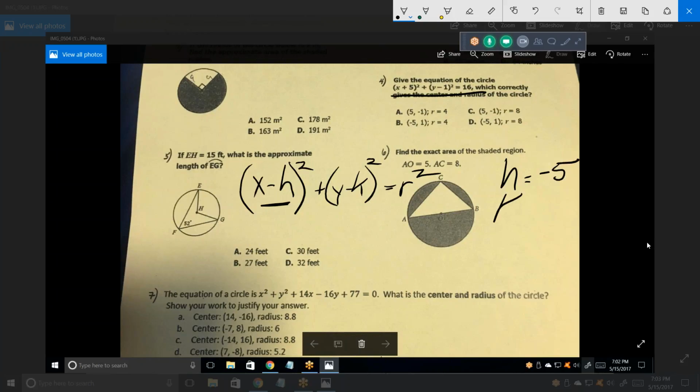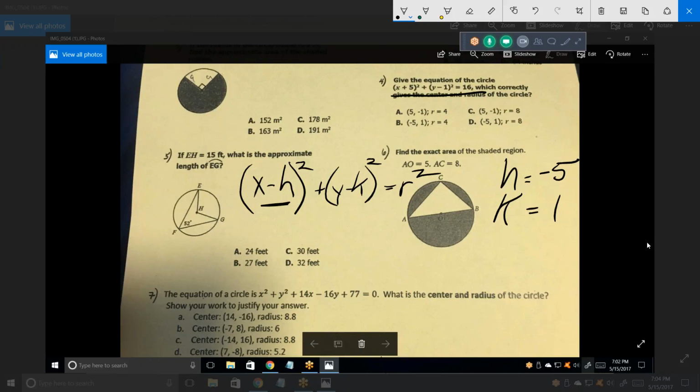What's k? k is going to be -1. No. It's y minus k. +1? Uh-huh. Make sure you understand why. y minus k would be y minus 1. And x minus a minus 5 would turn into x plus 5, which is what we have.